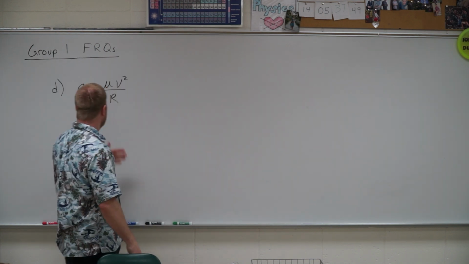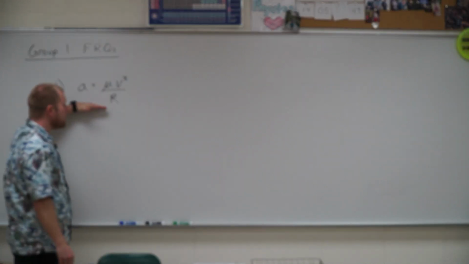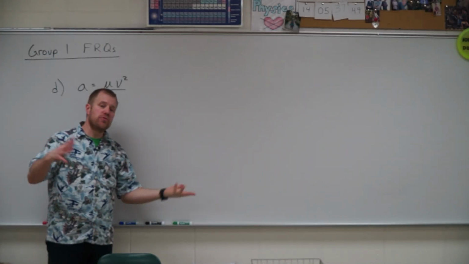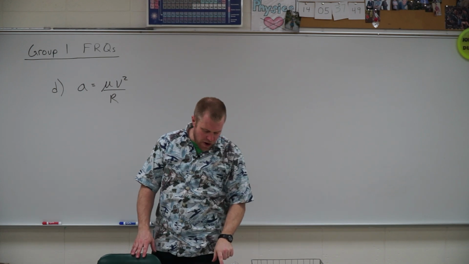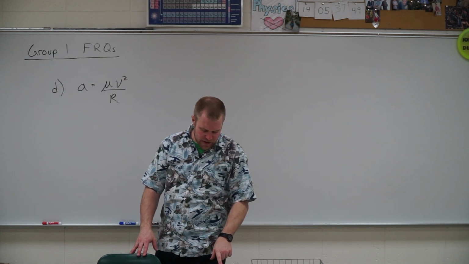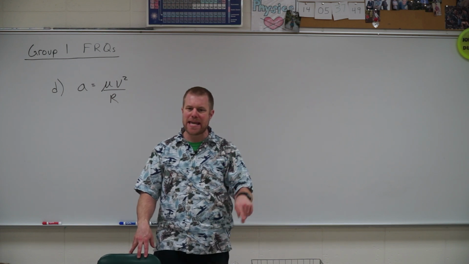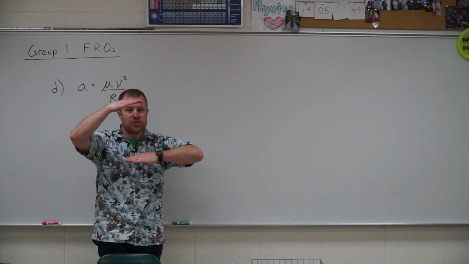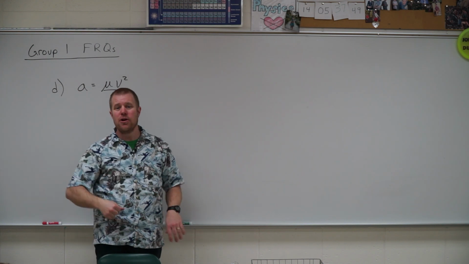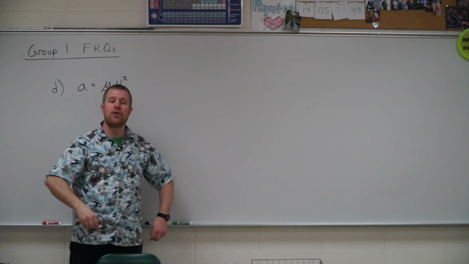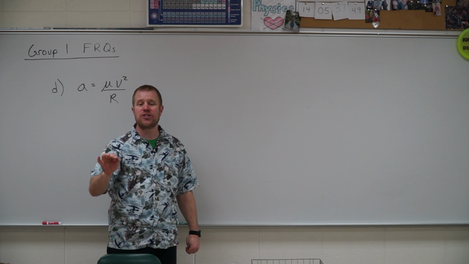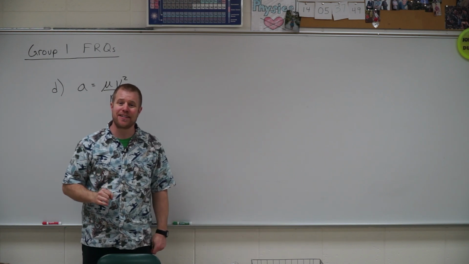All right, so we got our answer in part D here. So now we just have to do part E, and part E wants me to derive an expression for the velocity, the speed of the block, as a function of time t after passing point P on the track. Now, sandwiched right in between D and E would have been a great place for them to put in, write a differential equation for velocity with respect to time.